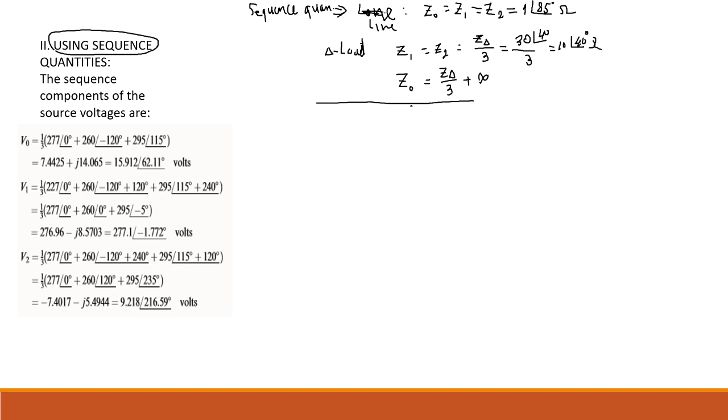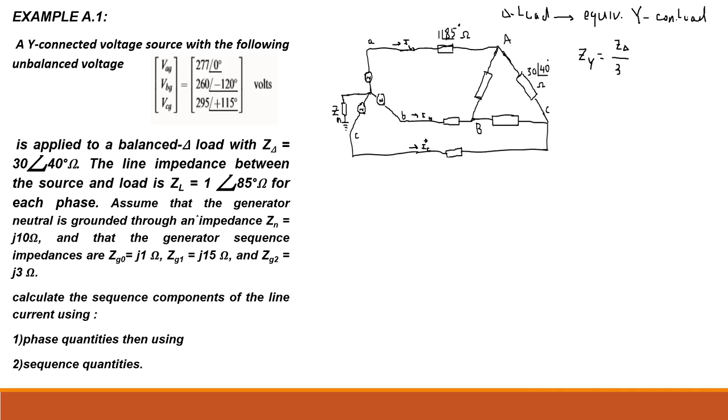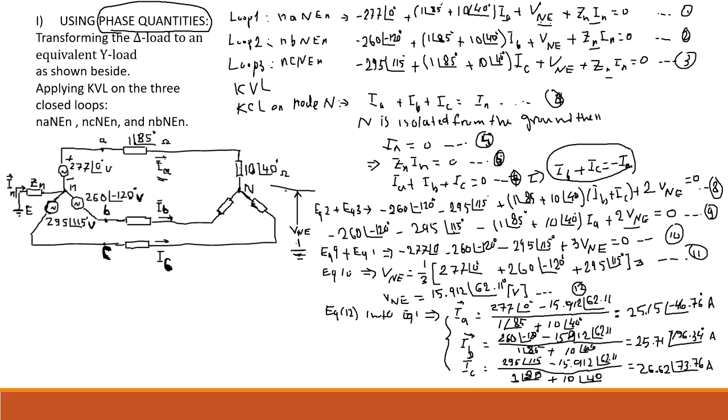Now, for the generator, Zg0 plus 3Zn. Zg0 for the generator is j1 ohm and Zn equals 10 ohm.